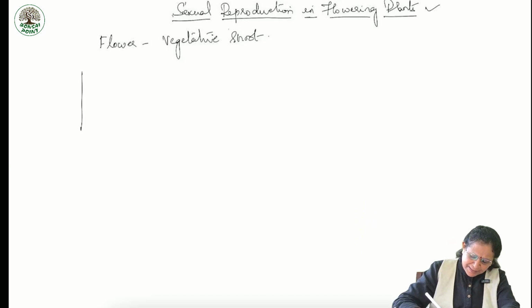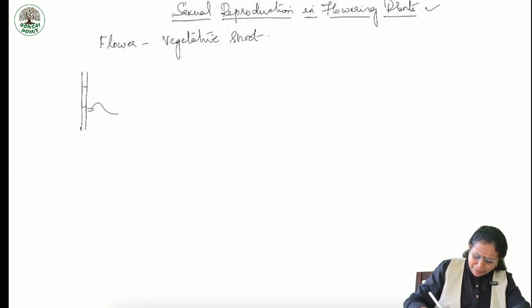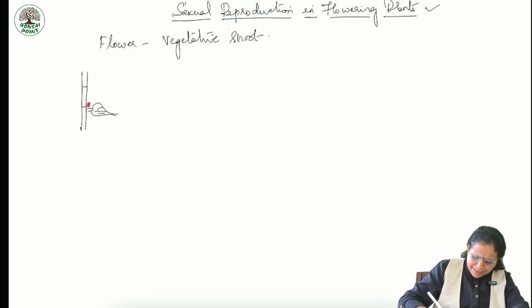Now this is the stem. The thick regions of the stem are said to be nodes. It is at the node that the leaf arises. In the axil of a leaf, a bud arises. This bud is said to be the axillary bud.